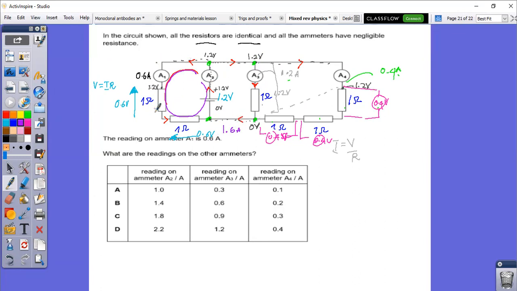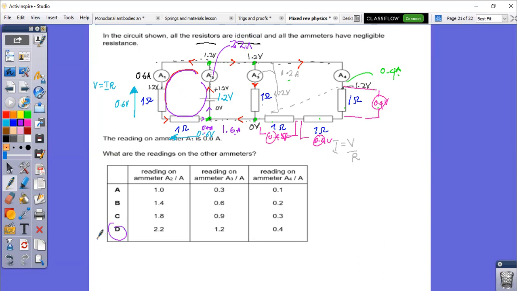But then it meets 0.6 amps, which is coming from this direction, and they end up proceeding upwards. So 1.6 plus 0.6 gives me 2.2. So that's the total passing through there. So this should be 2.2 amps, which gives me the right answer as D.